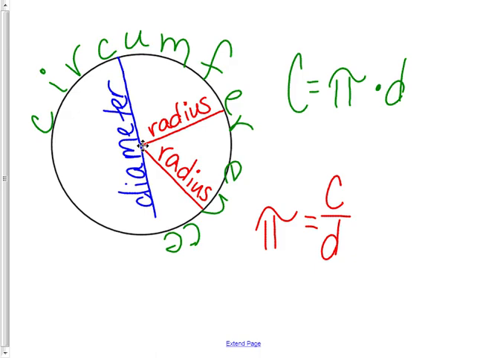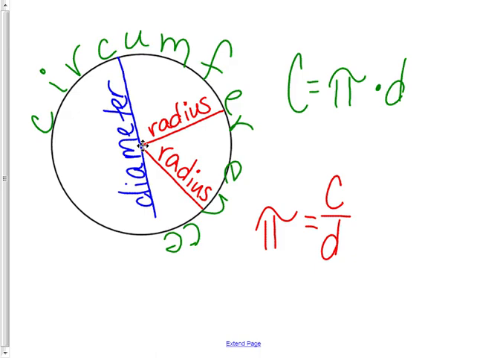So you could take any circle that you wanted to, measure its circumference, measure its diameter, do the circumference divided by the diameter, and you should get approximately 3.14 because that's what pi is. It is the ratio of the circumference of a circle to its diameter.